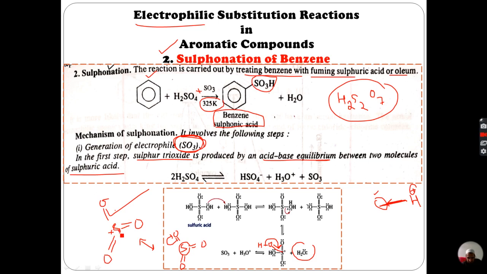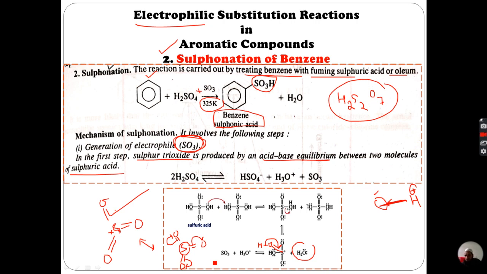So sulfur is getting a plus charge. So in the resonating structure, sulfur has a plus charge. Likewise you can make another resonating structure where you take this pi bond here, and sulfur will have a plus charge. You can make another resonating structure where you take this pi bond here, and there also sulfur will have a plus charge. So then we understand that in the resonating structures we have a plus charge on the sulfur, so that also means it is an electrophile. Okay.